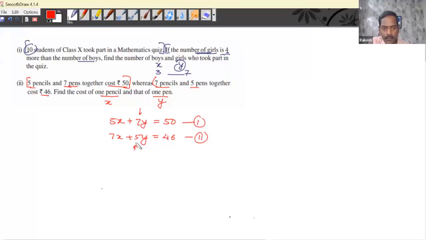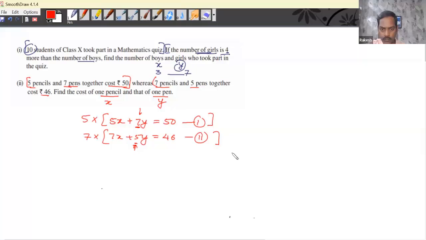The coefficient of Y from the first equation is the number you multiply the second equation by, and the coefficient of Y in the second equation is the number you multiply the first equation by. So if this is 7, multiply the next equation by 7. If this is 5, then multiply the first equation by 5.